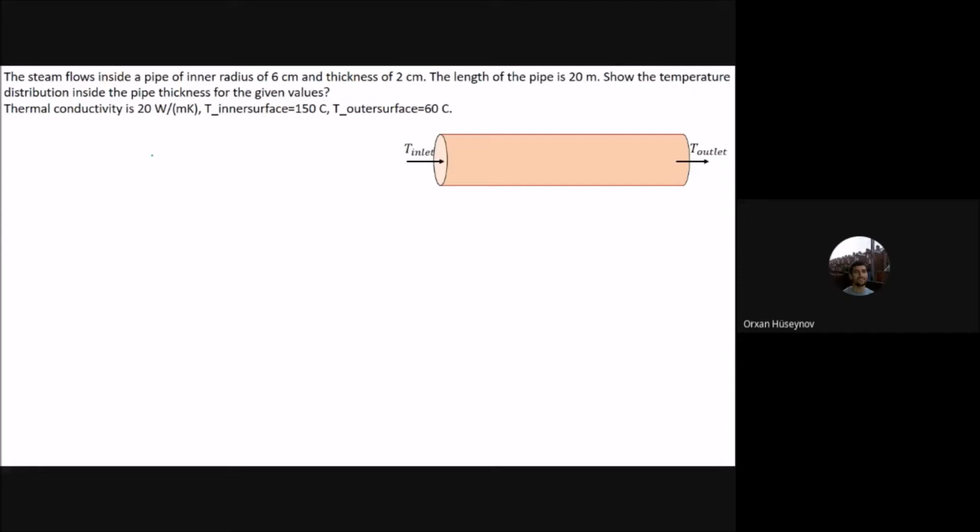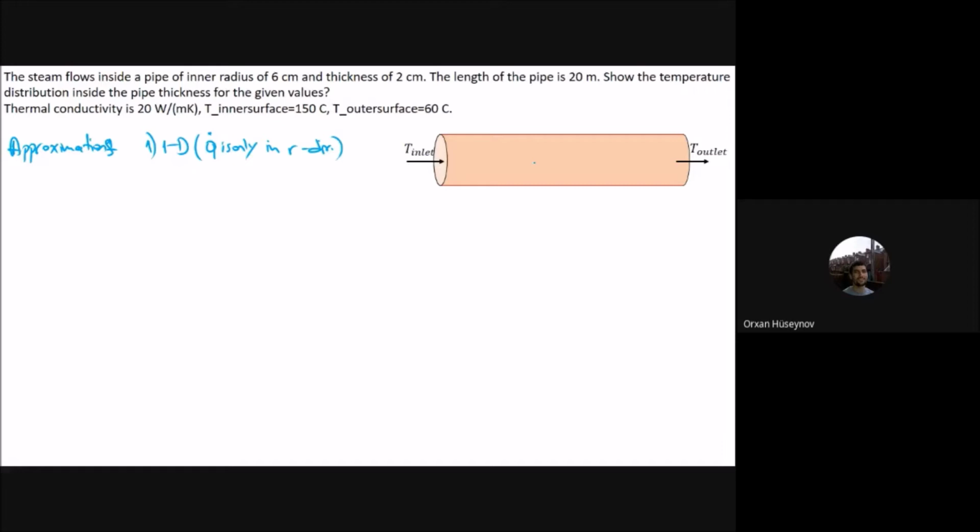Okay, so let's find it. Again we'll use some assumptions, so our approximations will be: the first approximation is that it is 1D heat transfer. 1D means that Q dot is only in the r direction.